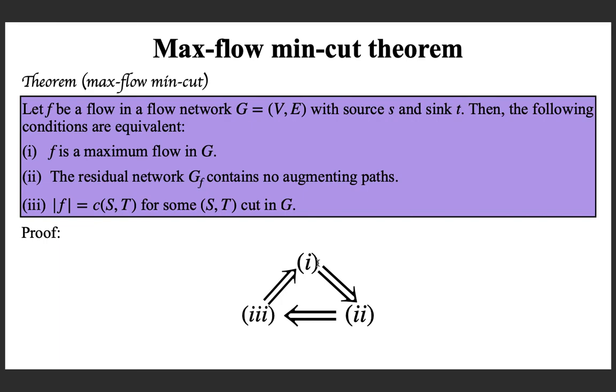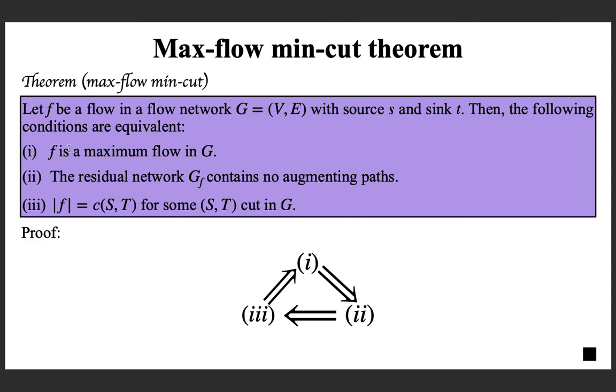And now see that this is giving you a proof of correctness for the Ford Fulkerson method also, because the Ford Fulkerson method terminates when there is no augmenting path in the residual network, and now this theorem proves that when there is no augmenting path, the current flow is the maximum flow, and thus this gives us a proof of correctness for the Ford Fulkerson algorithm.